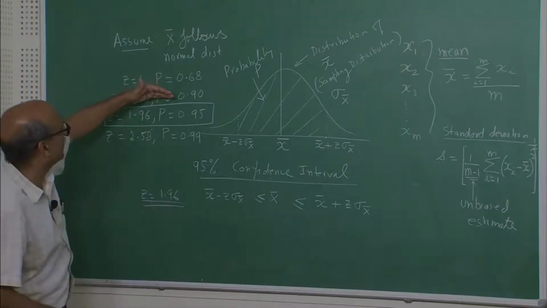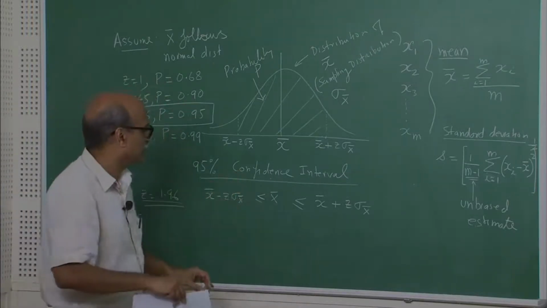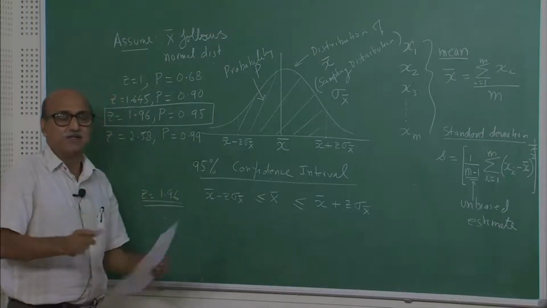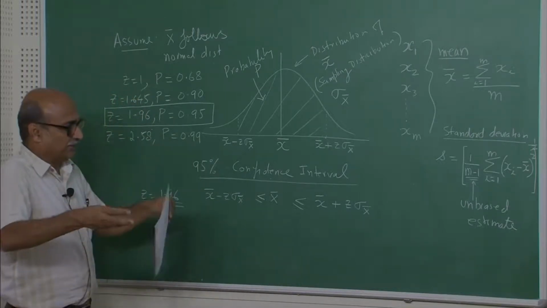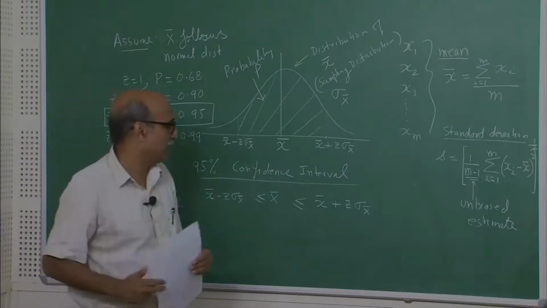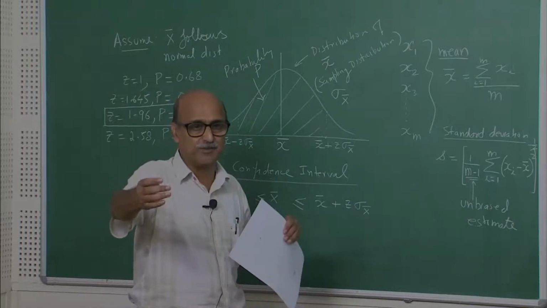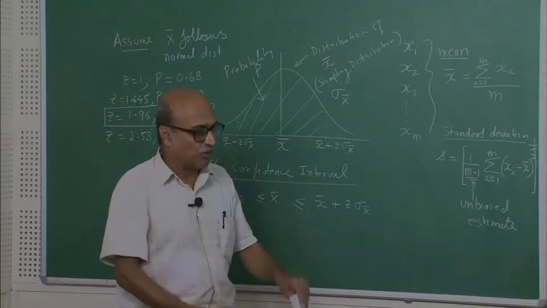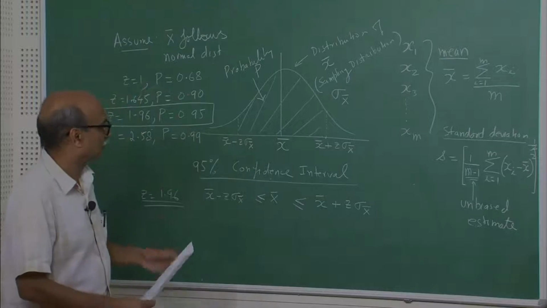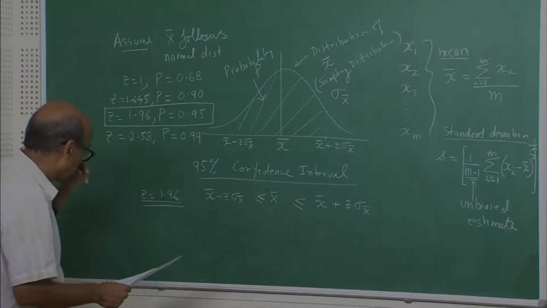If I go to a lower confidence level like 90%, this value will shrink. So, there is a trade off on the kind of error bar that I can associate with my measure. The higher the confidence level, the larger the error bar; the smaller the confidence level, the smaller the error bar.